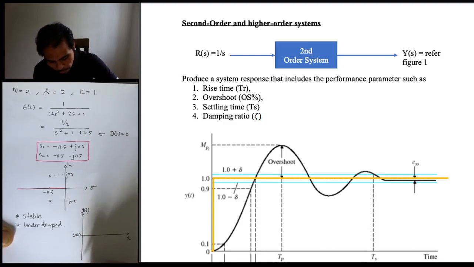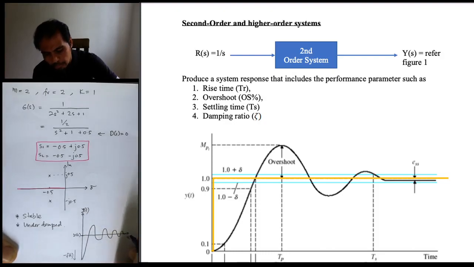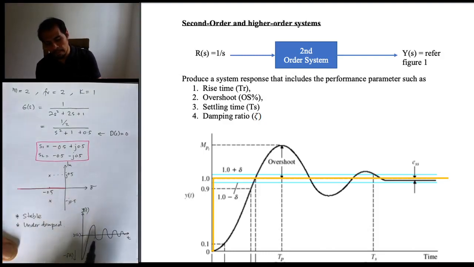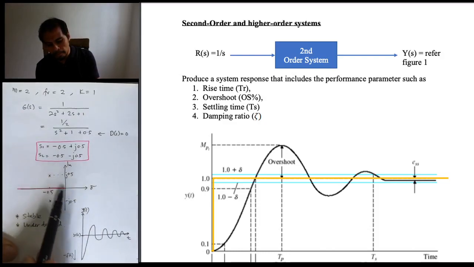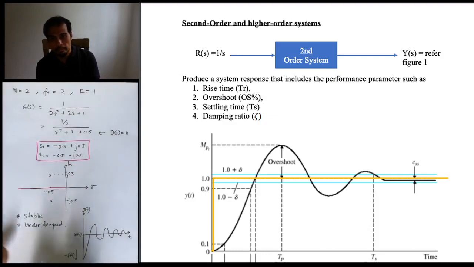So when you provide the input to the system, which is minus f(t), an impulse input, we will start seeing that the system will bounce, because this is an underdamped system. It will oscillate depending on the damping ratio that we'll discuss later. But let's understand the concept first.